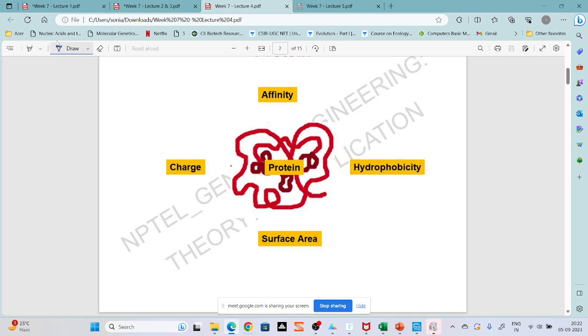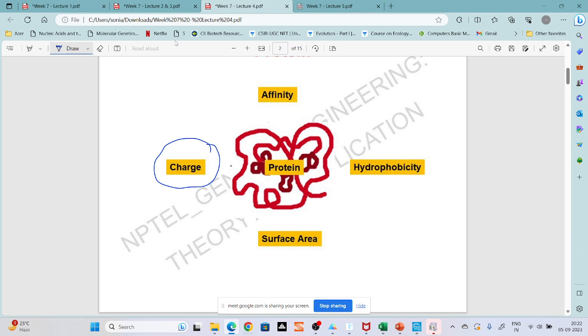Some proteins are positively charged, some are negatively charged, some are uncharged. Even among two positively charged proteins, the distribution of charges can be different. Some proteins can have more positive charges, whereas some have fewer. So proteins can differ in charge, and the charge difference depends upon the functional group.